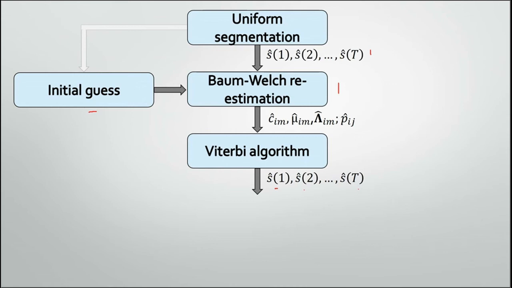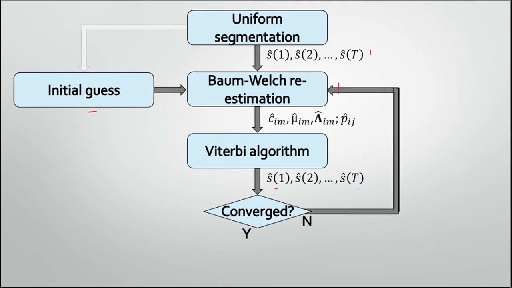So the most likely sequence of states is obtained using the Viterbi algorithm. And then we check if the HMM has converged or not. If it hasn't converged, then we go back to Baum-Welch re-estimation. Now, here, the uniform segmentation no longer applies because we re-estimated, using the Viterbi algorithm, the most likely sequence of states. And then we apply the Baum-Welch re-estimation again to obtain the HMM parameters and keep on iterating until convergence.